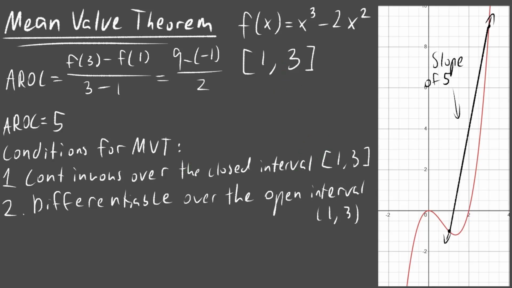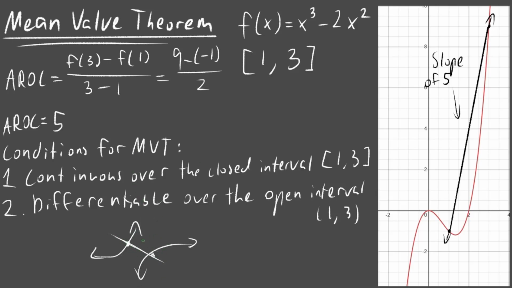But let's think about why that makes sense. Let's say I have a rational function, like maybe 1 over x or something. Let's think about if we looked at a secant line here, and to be clear, this is an asymptote right here.